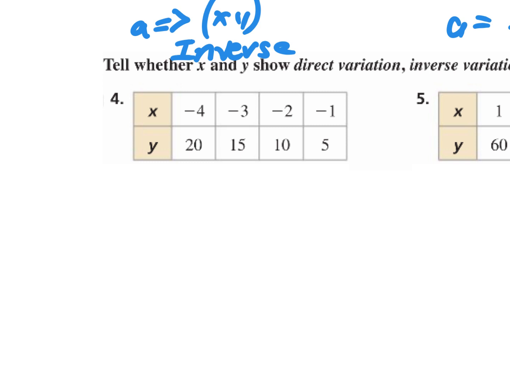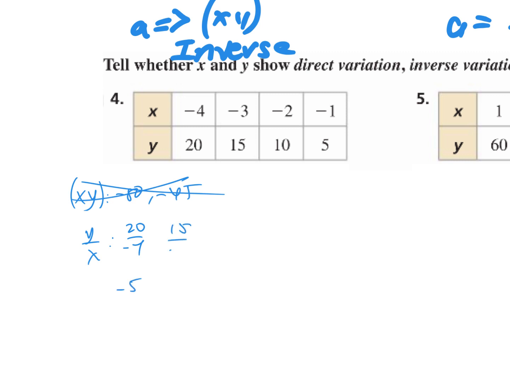So the way that you show me your work is you say, okay, fine, I'm going to do x times y. What is 20 times negative 4? Negative 80, okay. What is 15 times negative 3? It's not negative 80, is it? So you can stop. You say, nope, it's not that one. What about if we divide? y divided by x. So 20 divided by negative 4 is negative 5.